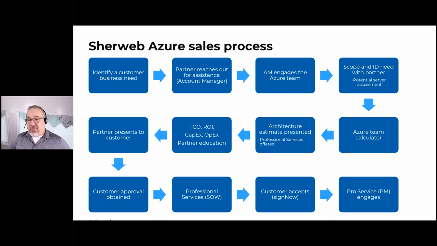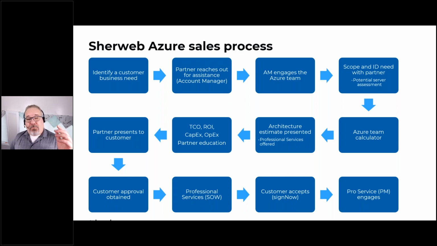If by chance you've been doing a number of deals and you feel really comfortable just reaching out directly to our Azure team, we're not going to tell you that was a bad move. It's never a bad move. Please make sure you copy your account manager on that email as well, just so they know what's going on within your organization and they can best serve you.